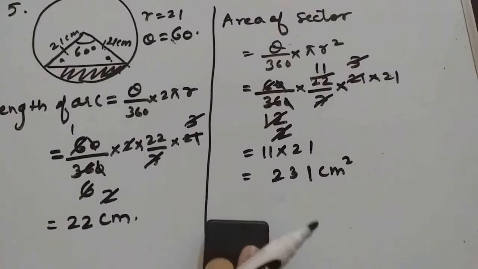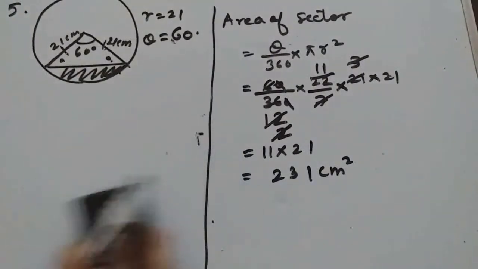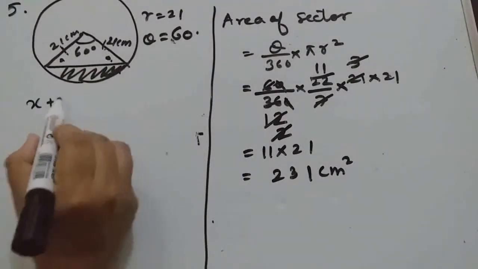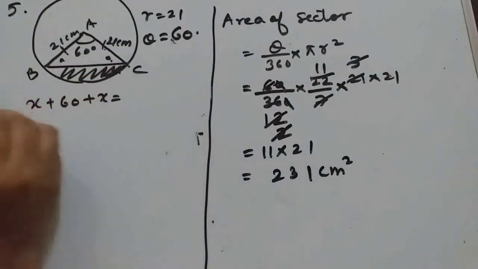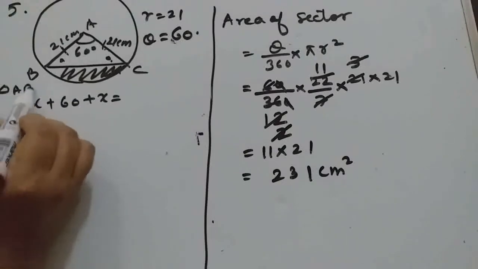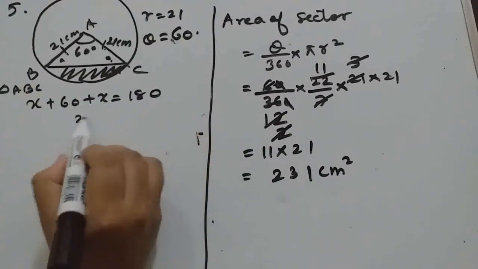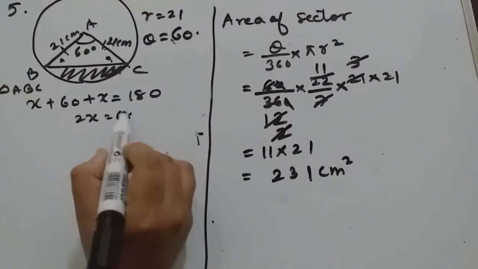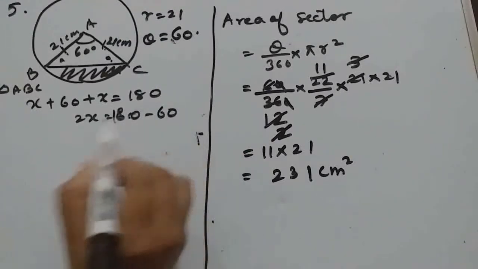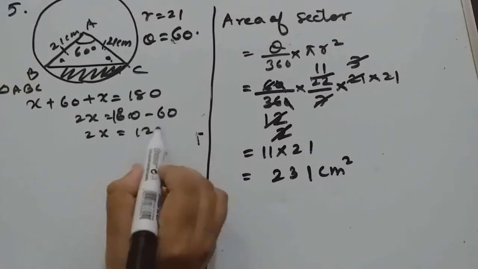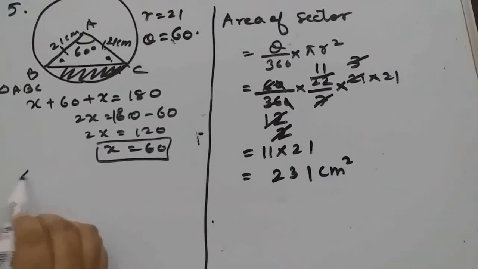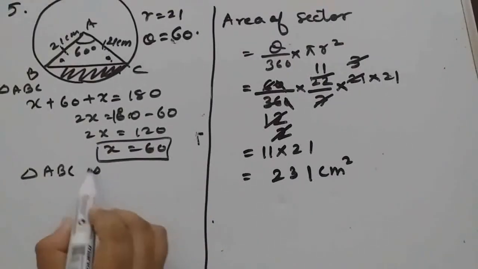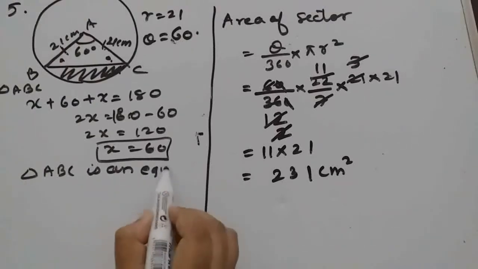Okay, so we will show here, x plus 60 plus x, in triangle, suppose ABC, is 180. So 2x is equal to 180 minus 60, 120. So x is 60. Okay, therefore triangle ABC is an equilateral triangle.